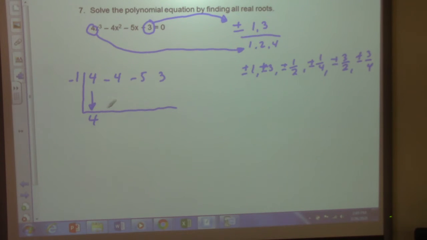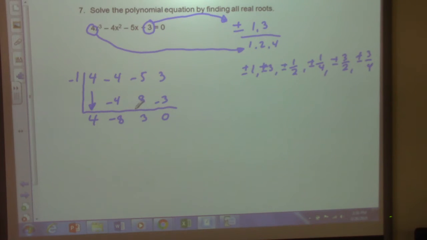So now we take this times this, we get negative 4. And we get negative 8 here, right? And so we get 8 here, and then 3 here, and then negative 3. So what just happened, class?